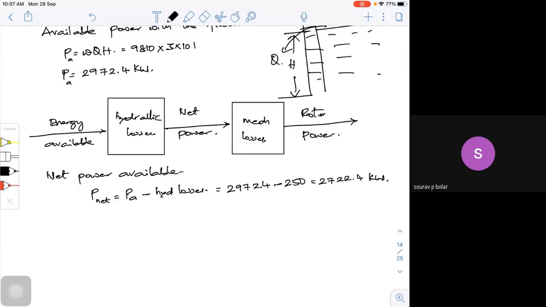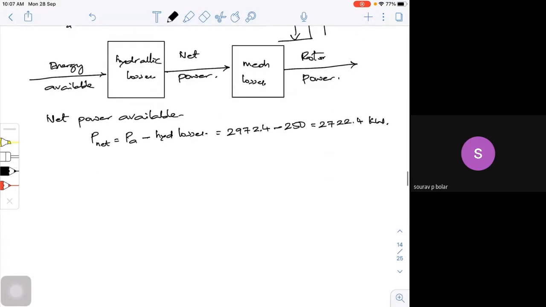So I can write it as the rotor power. Let me call it as P rotor, which is equal to P net minus your losses. What type of losses is it actually? These are your other types of losses. See, here I have the shaft power. Look at this. Here, this is a shaft power.